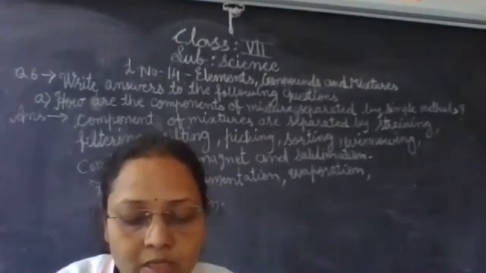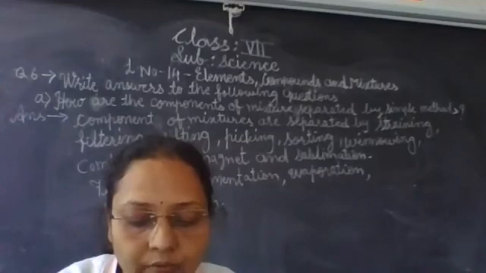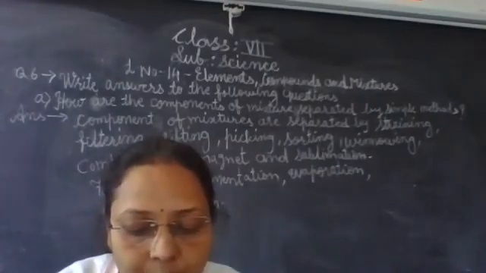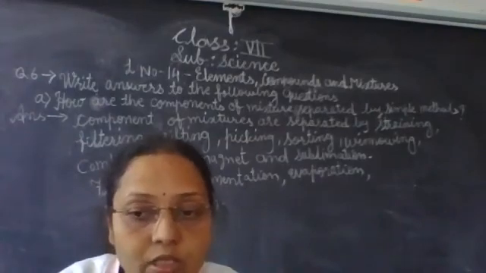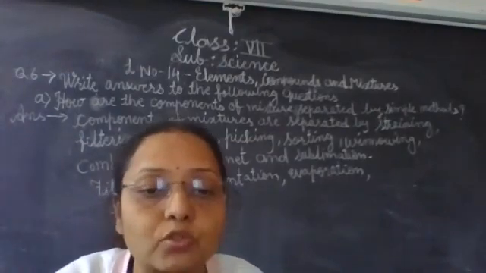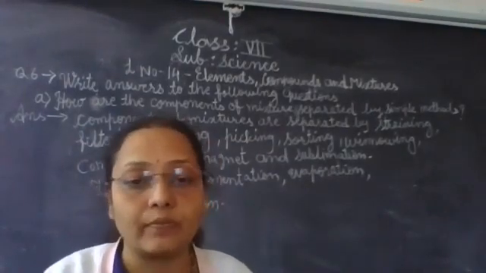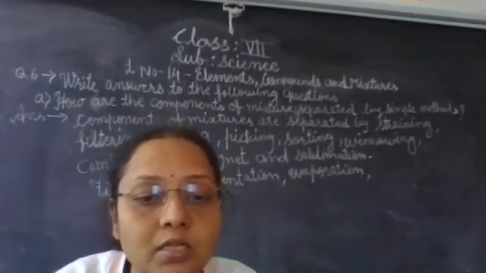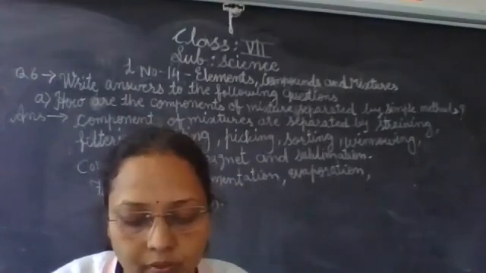So the vapors are cooled separately, used to separate ammonium chloride. It is an example. Then iodine, then camphor means कपूर जो हम लोग भगवान के पास जलाते हैं. It is an example of sublimation. It directly changes into vapor.